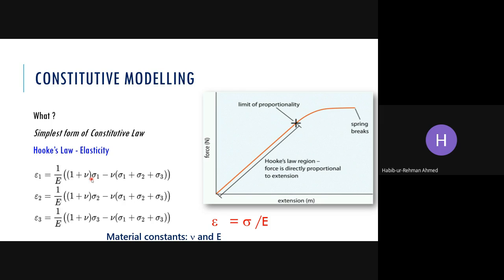So this is the simplest form of constitutive model, and sometimes I have seen geotechnical engineers just rely on this one and say, okay, this is enough. Or maybe more precisely, structural engineers just consider soils as perfectly elastic material. They use Hooke's law to represent the soils, and there they are always making a big mistake.